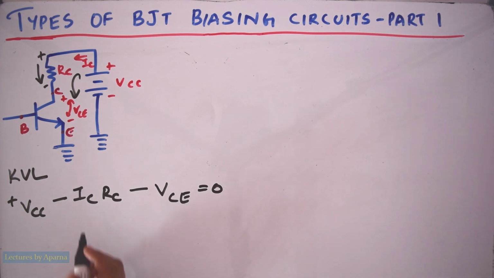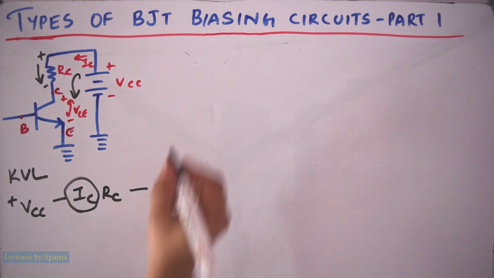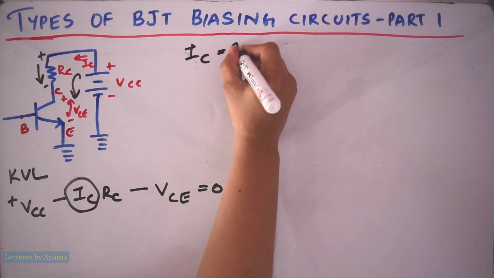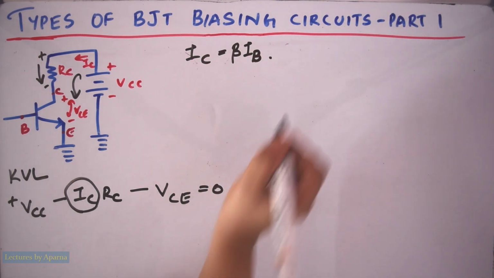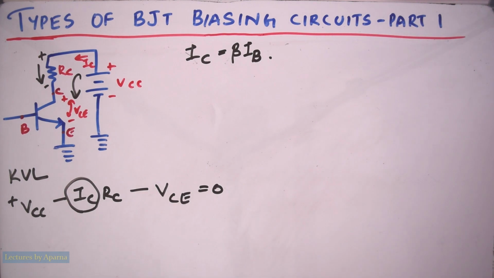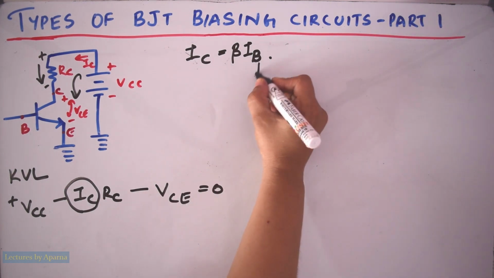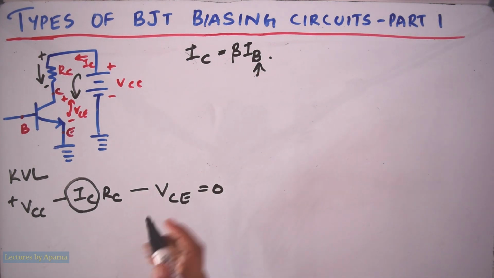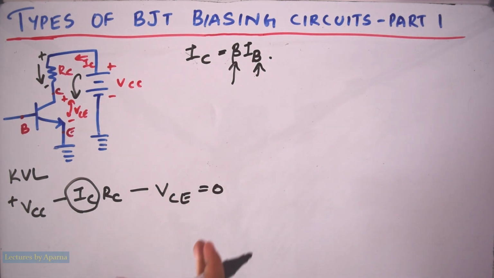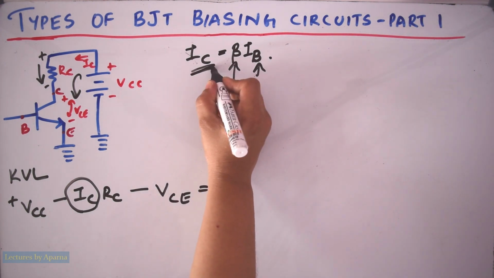So we have to find IC. We know IC is equal to beta IB, where beta is the current amplification factor. IB we have found from the input section. So beta value will be specified for a particular transistor. So you can find out this IC.